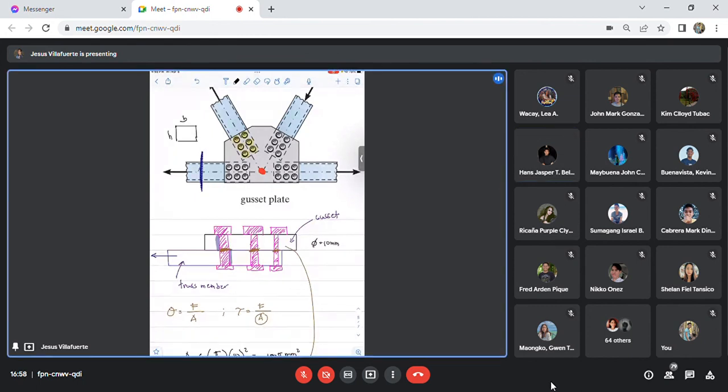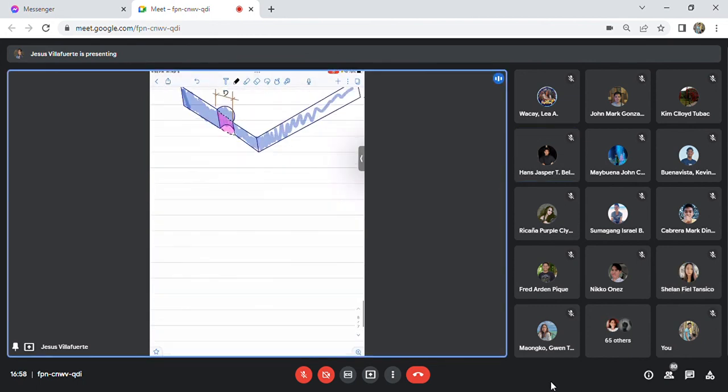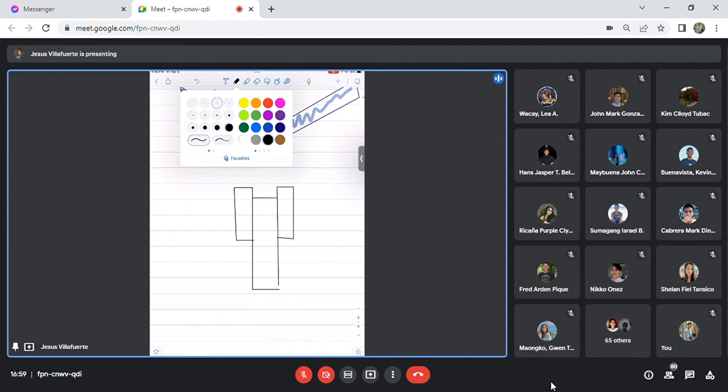And if ang imong bolt, let's say for example, in this connection, this is your connection. For example, and then, naa kay usa nga dako nga bolt diring dapita nga nag-connect nilang duha.